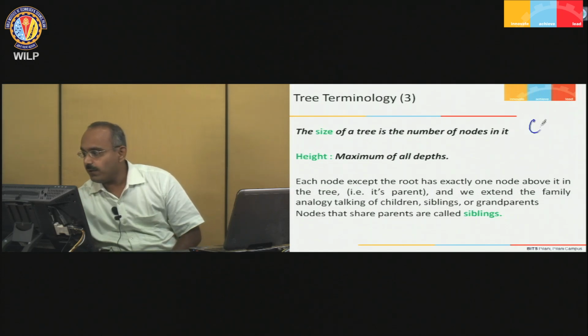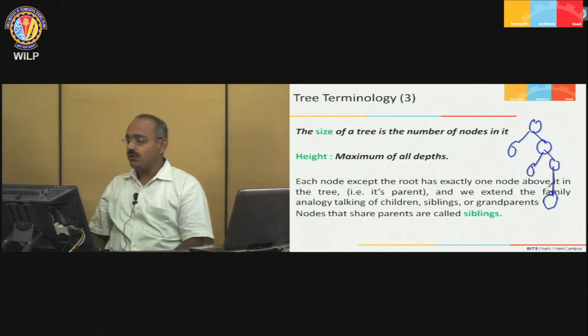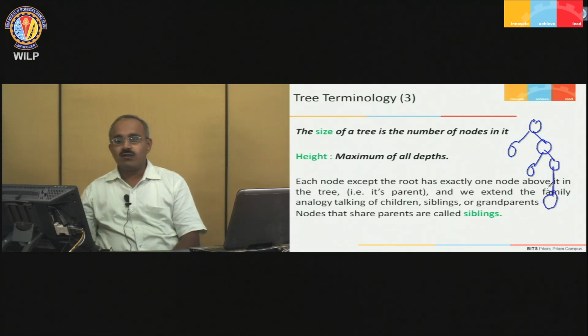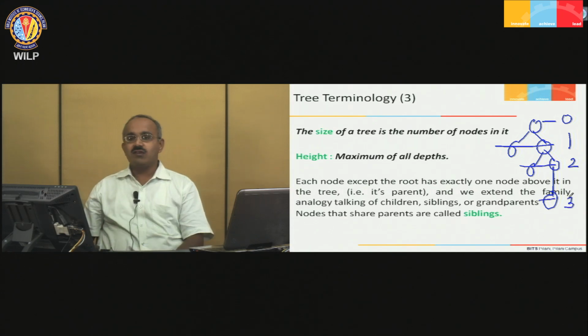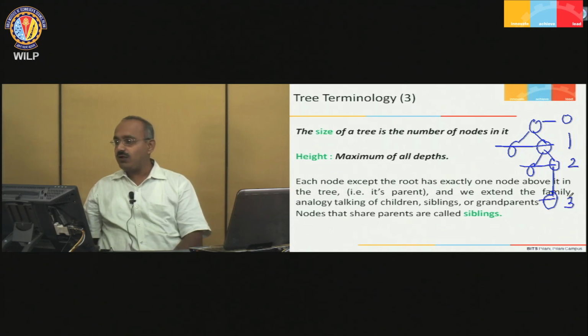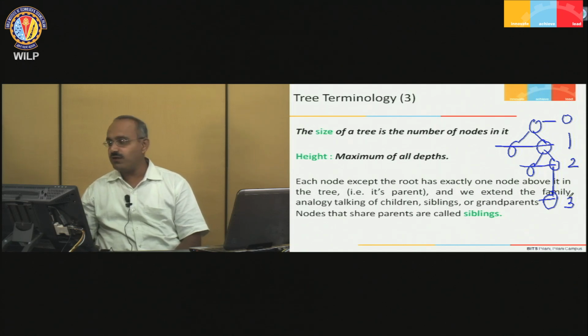If I look at an example, right, so if this precisely is a tree, this has depth 0, all these have depth 1, this has depth 2 and this has depth 3. So, the height of this particular tree is 3. What you do is you write down the depth of each node, and the one which is the maximum is defined as the height of the tree.